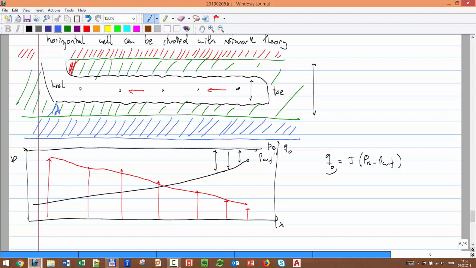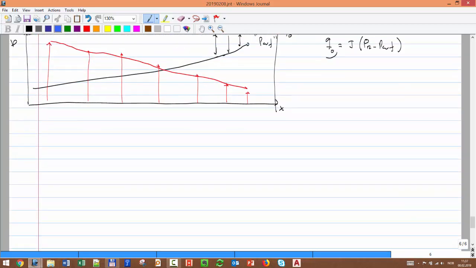So one way I can analyze this problem is to split it. To study this problem, I can split it into a network actually. I decide the number of points. And then I have here a reservoir pressure, which will be in this case the same for all of them.